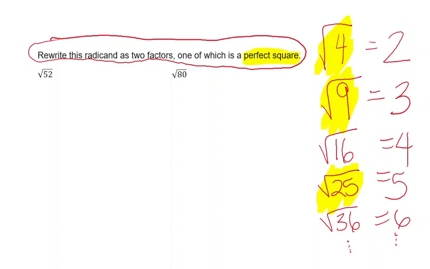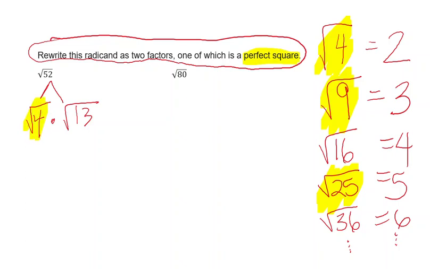And it is. So I'm going to break this down as the square root of 4 times what? So 4 times what is 52? If I divide 52 by 4, I get 13. So this would be the statement where I've rewritten 52 as 2 factors where the perfect square is 4.